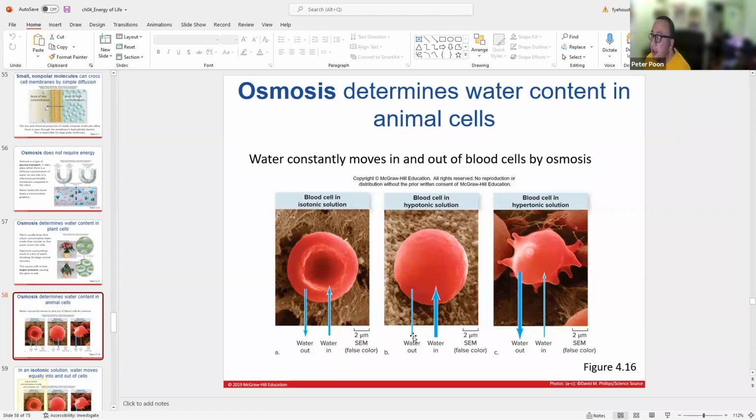Okay. All right. The blood cell in a hypertonic solution. Hypertonic. Hyper, too much salt. So what happens is water will come rushing out to meet the salt, and therefore not a lot of water will go in, and that will make it shrivel.